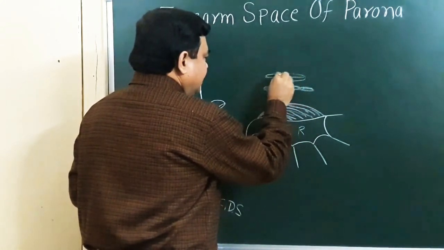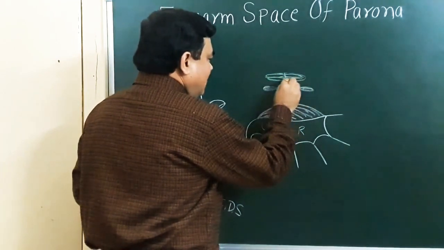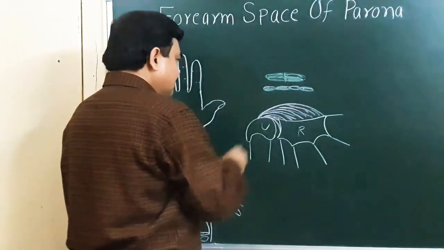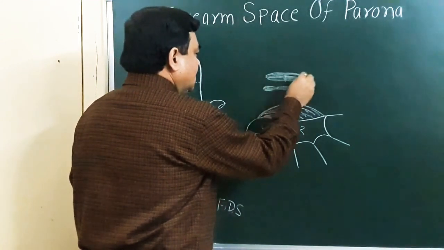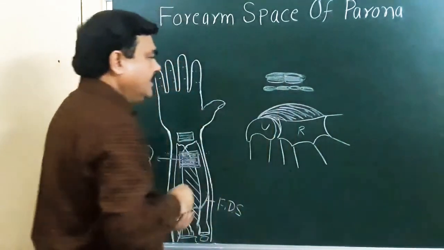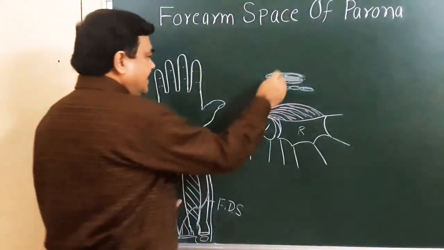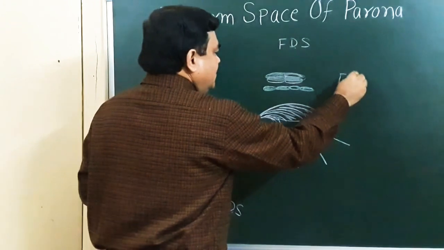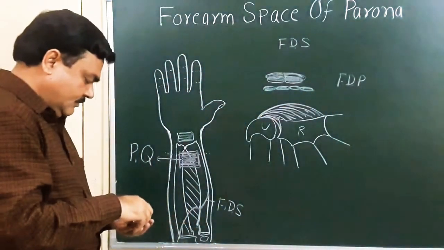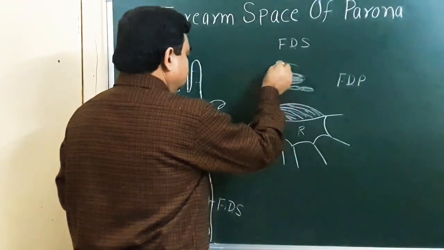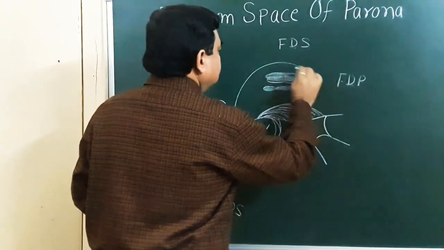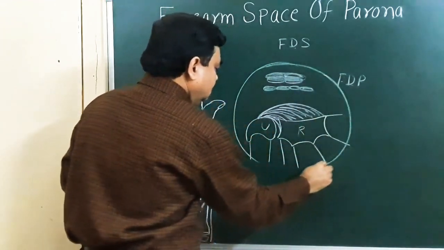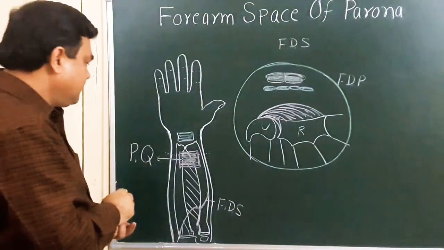These are the 4 tendons of the flexor digitorum superficialis, and these are the tendons of flexor digitorum profundus. This is a transverse section at this level.